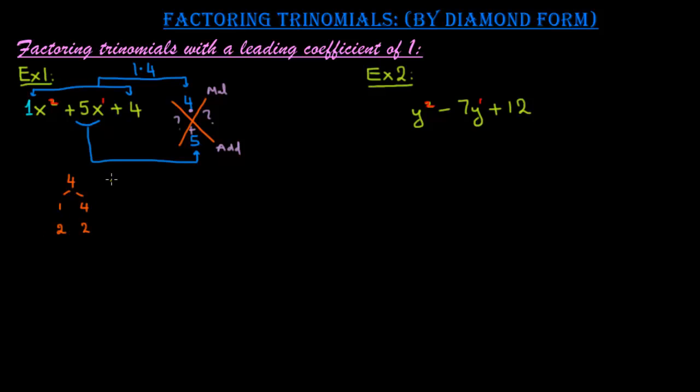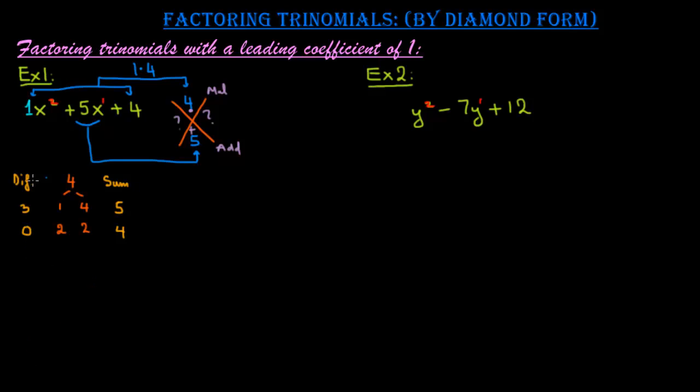I will write on this side the sum, but we also have the difference. Sum, you add them: 1 plus 4 gives me 5, 2 plus 2 gives me 4. And if you subtract them, you will see 3 and 0.